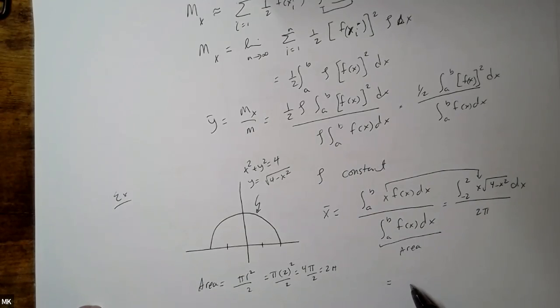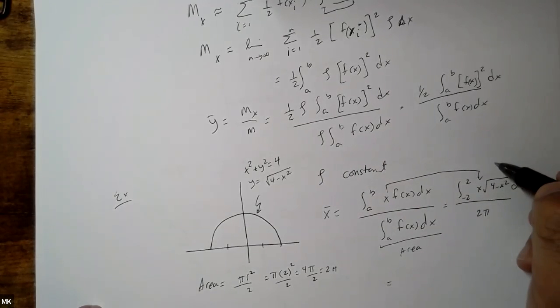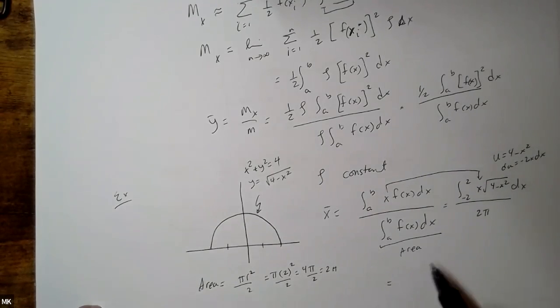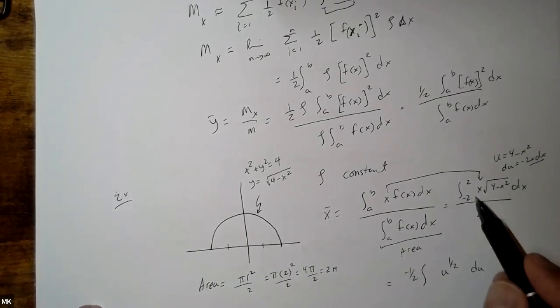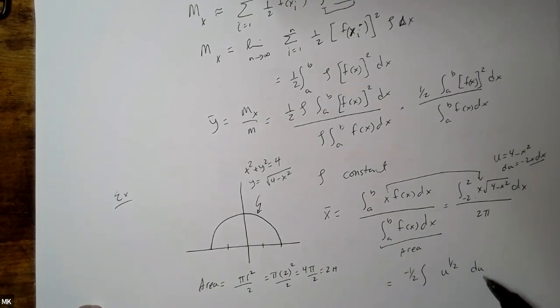That requires an integration using substitution. So I let u be 4 minus x squared, du is negative 2x dx. So x dx is negative 1/2 du, and the integrand becomes negative 1/2 u to the 1/2 du.